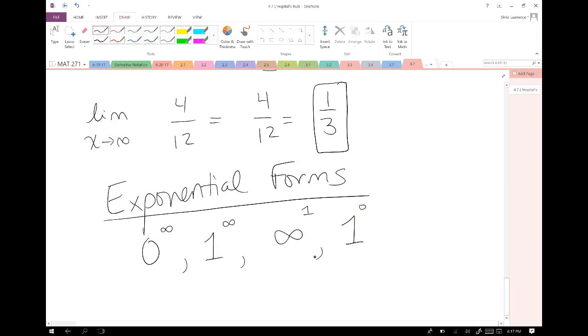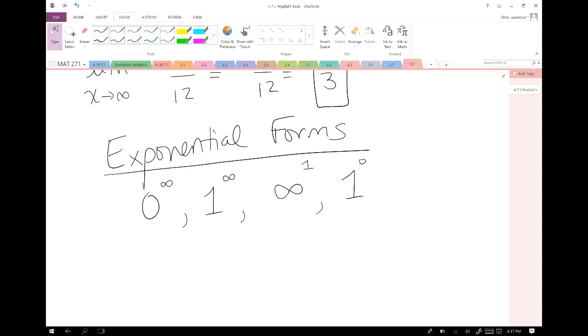All of these, because they are limits, could potentially be indeterminate forms that we could use L'Hopital's rule on. Usually, and actually I'm going to take this last one off.